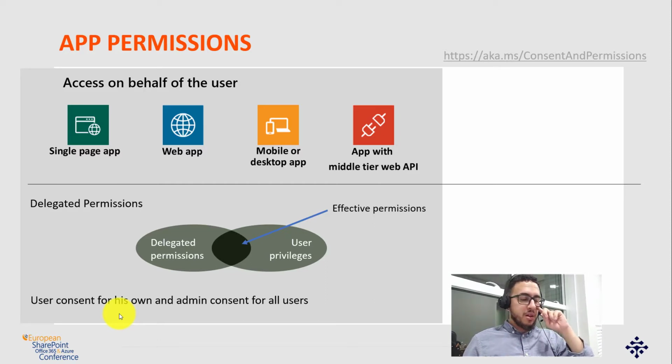To have in mind a real example: when you are in an application, in a website, and they ask you to log in using a Microsoft account or an Office 365 account, and you press the sign in button, basically what it does is redirect you to the Azure app URL.